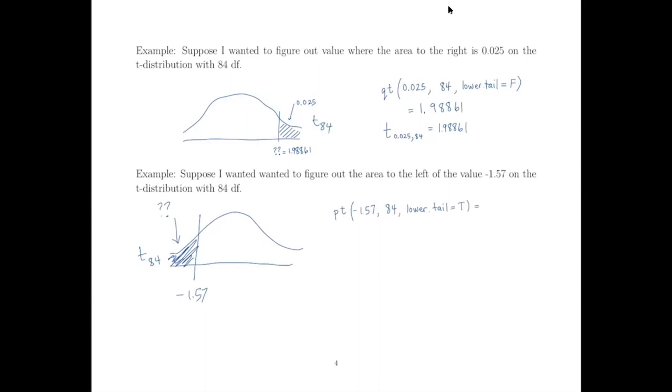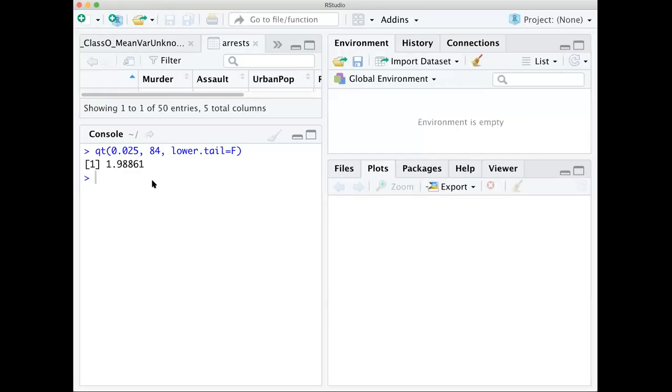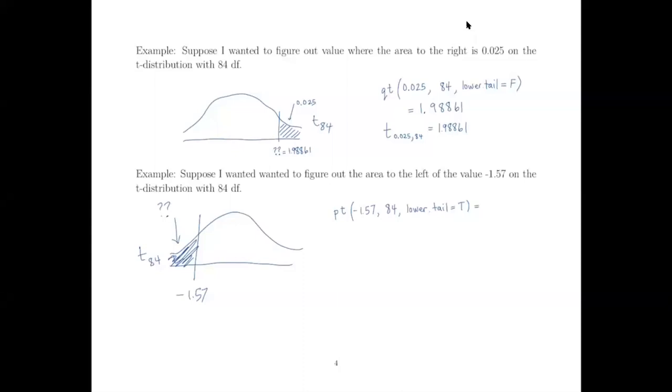So I'm going to move on over to R and type in my command PT, and then tell it the value, which was minus 1.57, and the degrees of freedom was 84. Then I tell it lower dot tail is equal to true because I want the area in the left-hand tail. And that's spitting out 0.06. That's the area to the left. I'm going to write that in here: that area is 0.0600872.